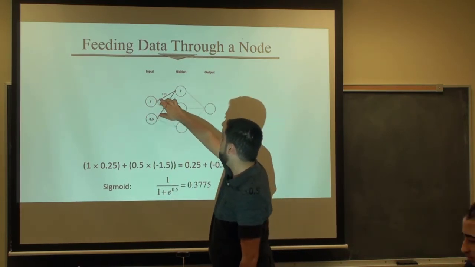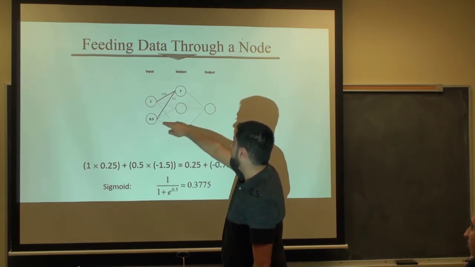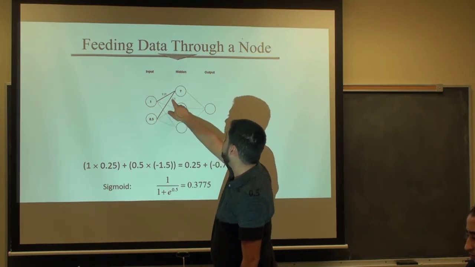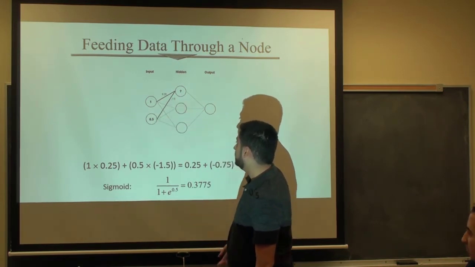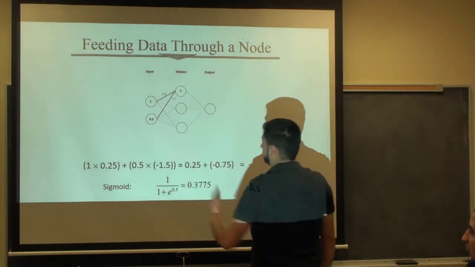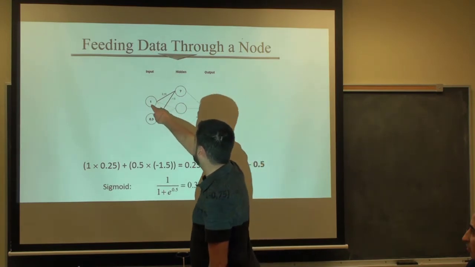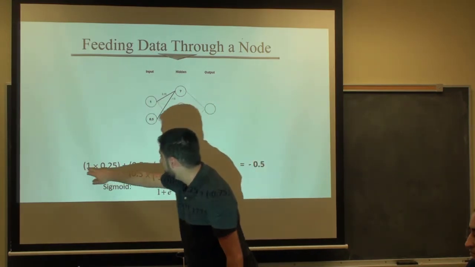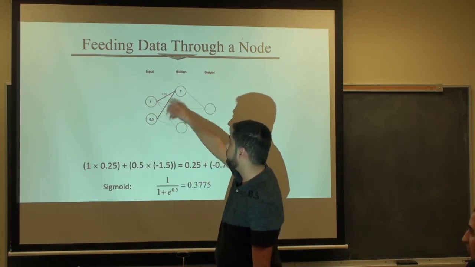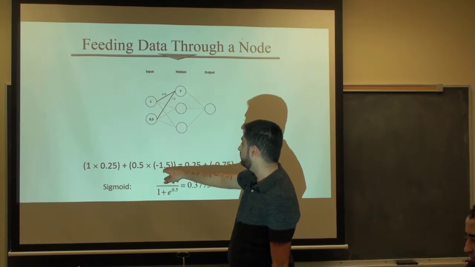We have a weight for this one, they are connected by 0.25 weight, and for the second node, they are connected by -1.5. So the way you calculate the value for this node based on the previous nodes is you take into account all the nodes. You start from this one, you get 1 here, then you multiply by the weight, then you add the next connection to this node, which is 0.5, and multiply by -1.5.